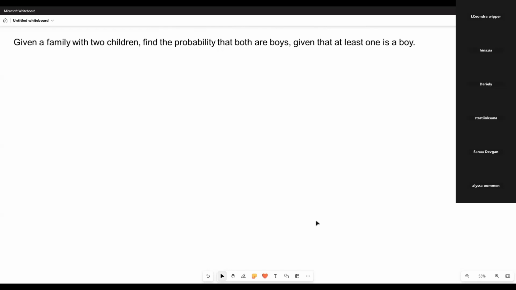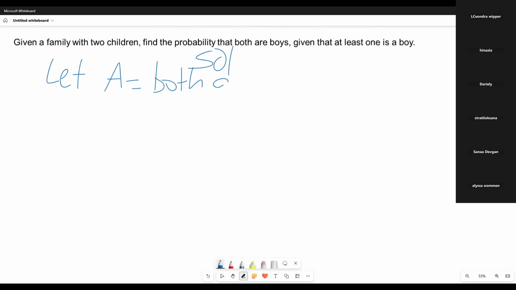So first, let's solution here. So let A equals both are boys. No, let's say B instead. Say B, both are boys.